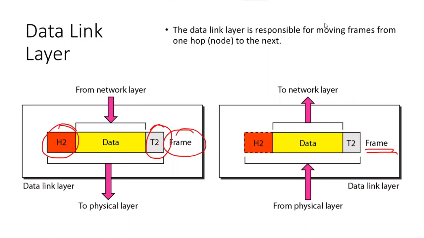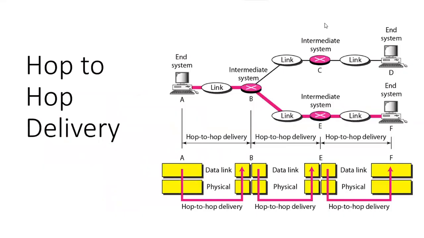The data link layer is also responsible for one hop delivery, hop to hop delivery, just as I have explained previously. Here, this is a hop to hop delivery. From A, I want to send to F. A is the source, F is the destination.